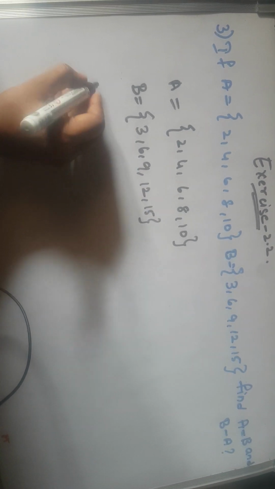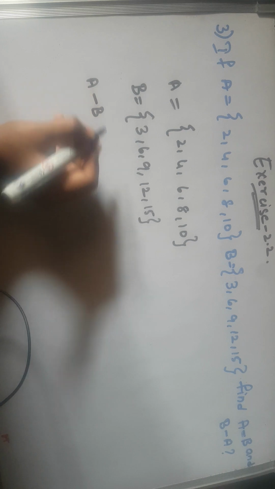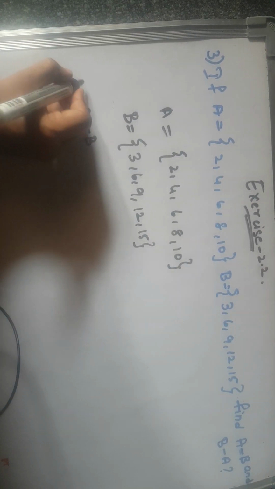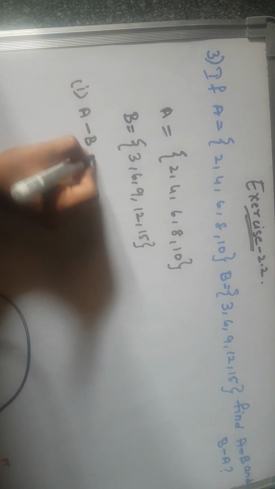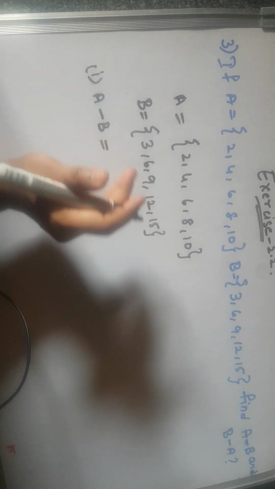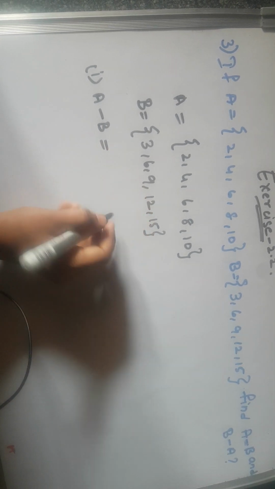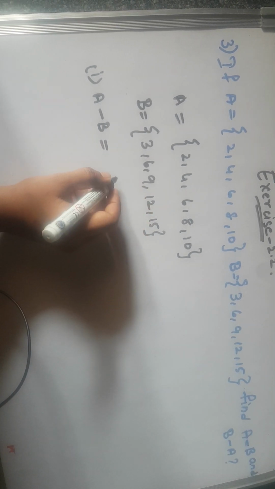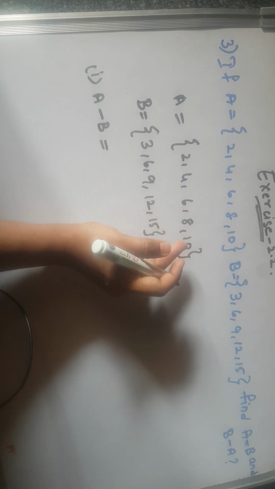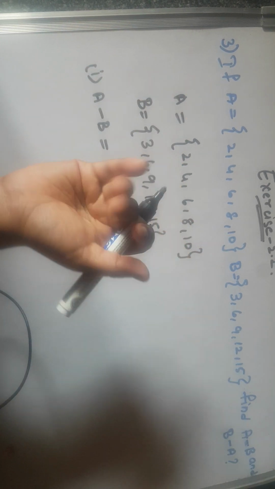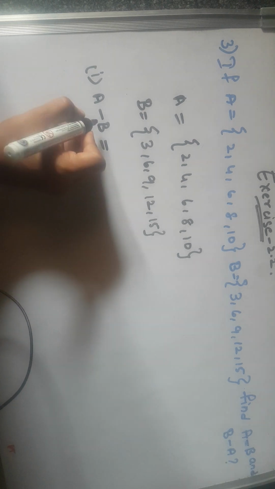And what we have to take? A minus B. This is the first step, so take A minus B. In A minus B, we have to take the elements of A, and you should not take the elements in common also.